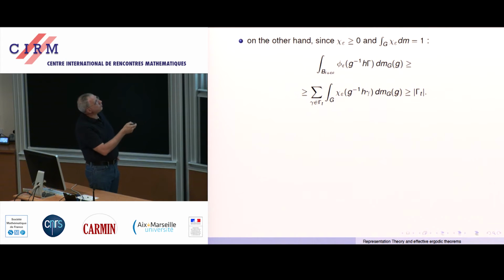So now we have to show that the support of this function is contained in bt plus c epsilon.